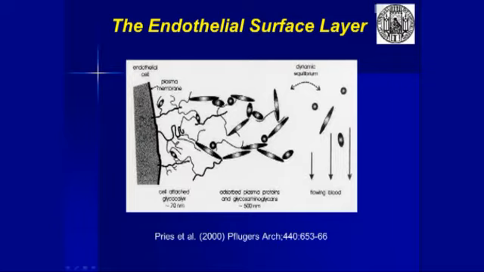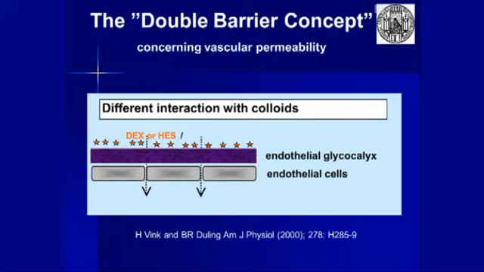However, the glycocalyx interacts in a completely different manner with artificial colloids such as large dextran or hydroxyethyl starch molecules. Artificial colloids do not enter the glycocalyx. In contrast, albumin, probably due to its molecular weight and special charge properties, enters the glycocalyx and forms the highly competent colloid osmotic active barrier, the endothelial surface layer.